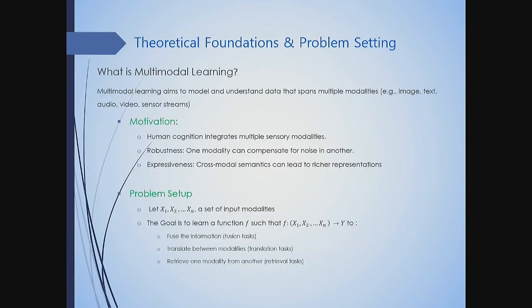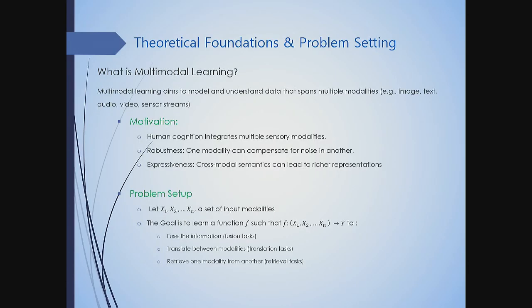It also gives robustness. When you have one modality, it can be compensated for noise and other issues. You will see later, with good alignment, you get more productive results with multimodality.